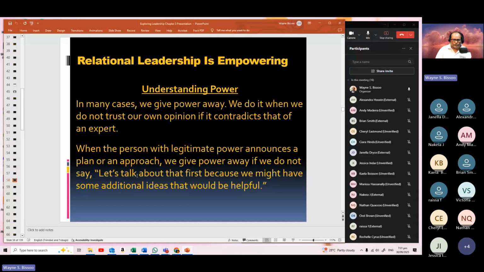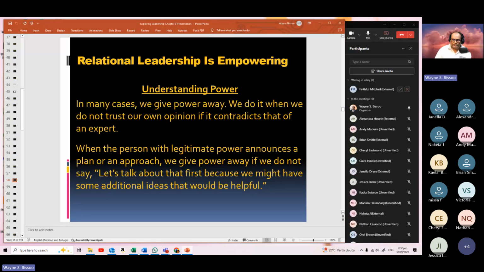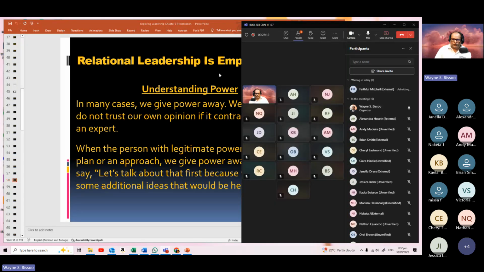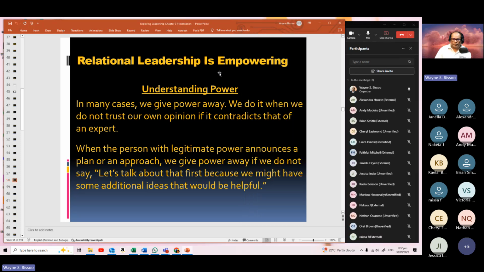A lot of us know our stuff, but because we don't hold a position of power within an organization, when somebody comes to you with some sort of idea or the manager brings something to the table, and for some reason you have some sort of disconnect and you say this is not sounding right, you don't say anything about it because you don't have confidence enough in your opinion or your technical opinion about something, and you're afraid of contradicting them.